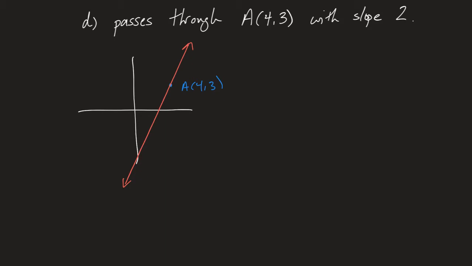Any other line I went to try to draw would have to have a different slope to it or would not pass through that point A.